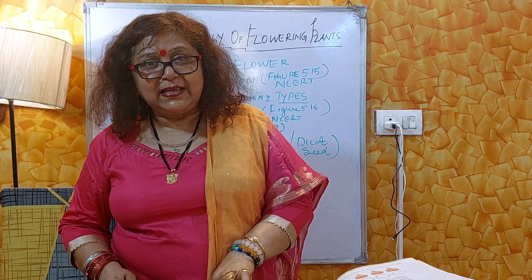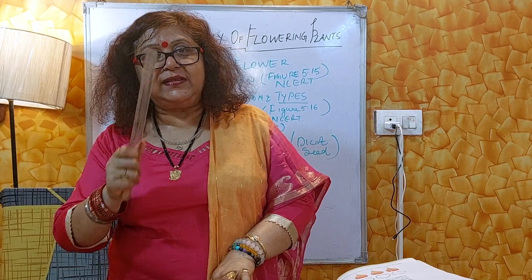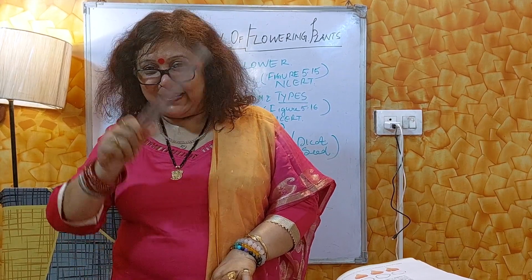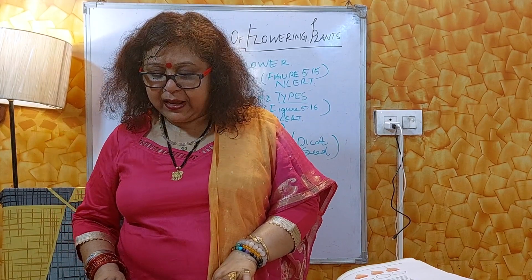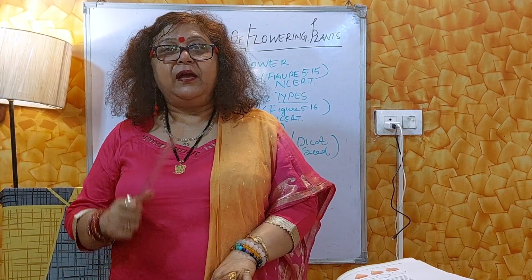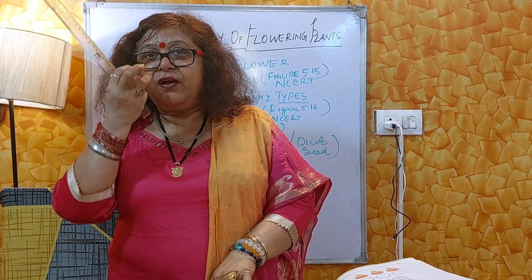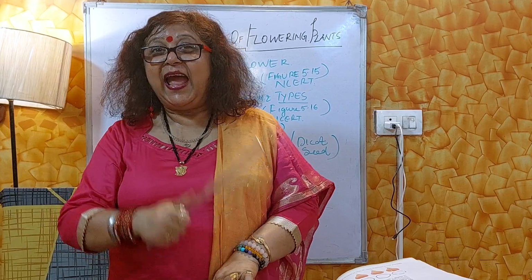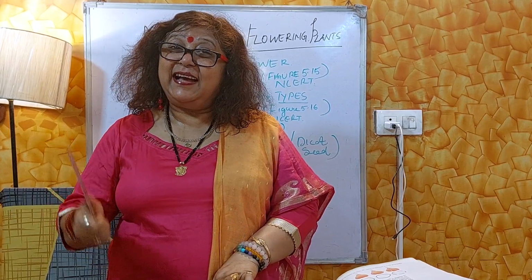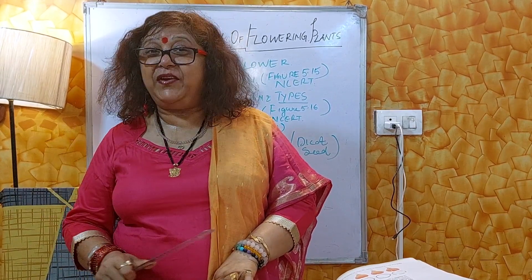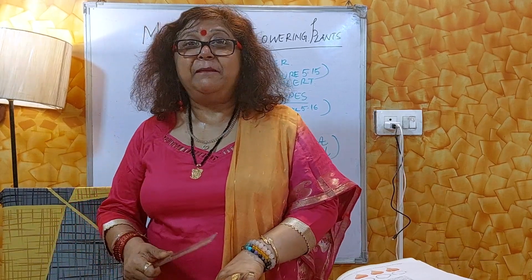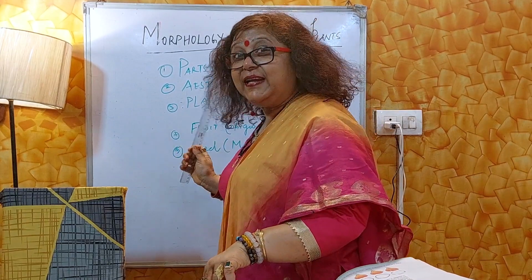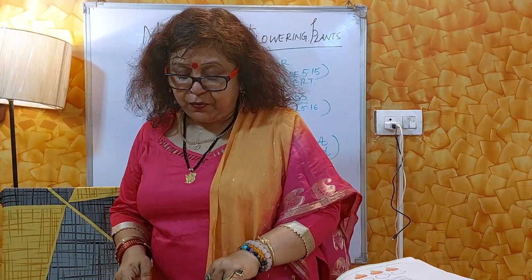Now, style is the stalk-like structure found there, and the ovary is the enlarged basal part of the gynoecium. Each ovary bears one or more locules with bead-like structures. Those bead-like structures are called ovules, and the arrangement of those ovules in the ovary of a flower is known by a special term, placentation.